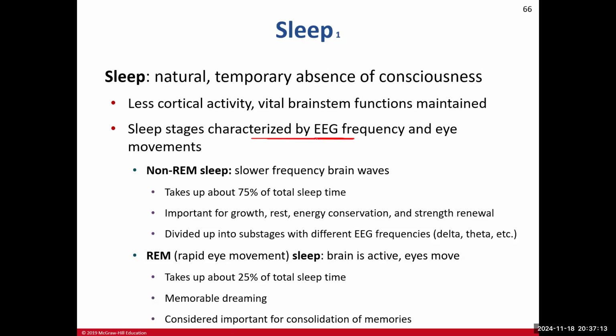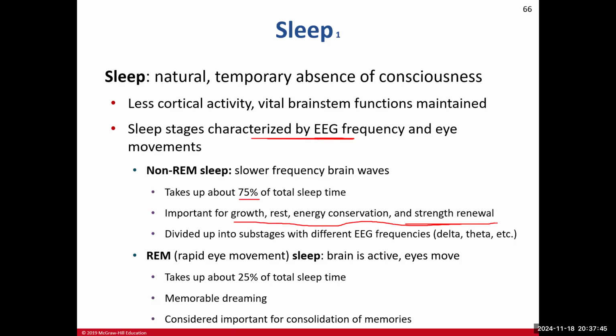So what we've seen with sleep, you have two parts to sleep. You have REM, which means rapid eye movement, and then you have the non-REM sleep. You spend most of your time in non-REM, 75%. Ever wonder why a baby sleeps so much? A newborn baby can sleep 18, 20 hours a day, because what's it doing? Well, it's growing.